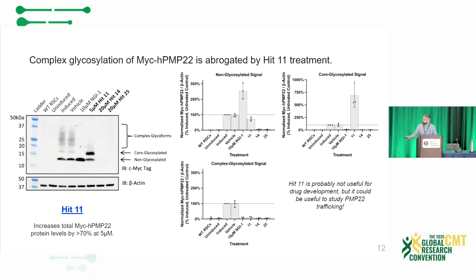Treating with a glycosylation inhibitor, NGI1, enriches purely the non-glycosylated band, and hit 11 enriches in our core glycosylated band. Almost no complex glycosylation is observed in this treatment, and I expect that's probably bad. Nonetheless, this could be useful for teaching us something about how and why PMP22 traffics within the cell and how the glycan is involved in that process.